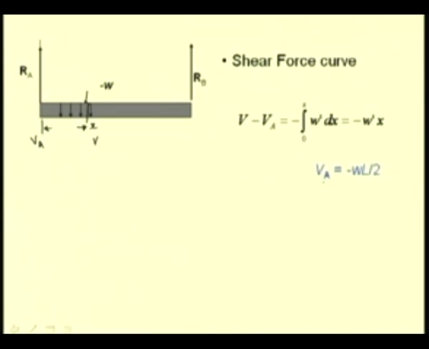We can find that the shear force at A is minus WL by 2, and so the shear force at any section is equal to W times minus L by 2 plus x.